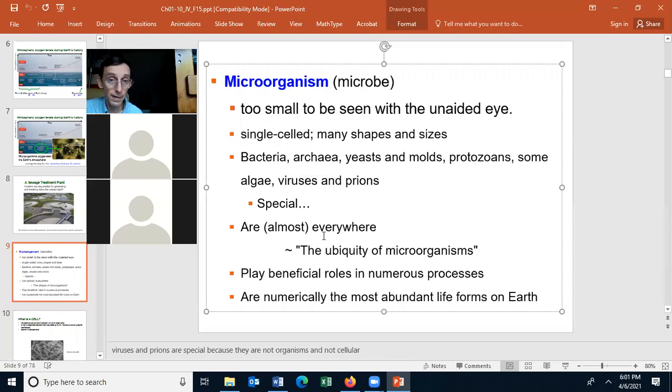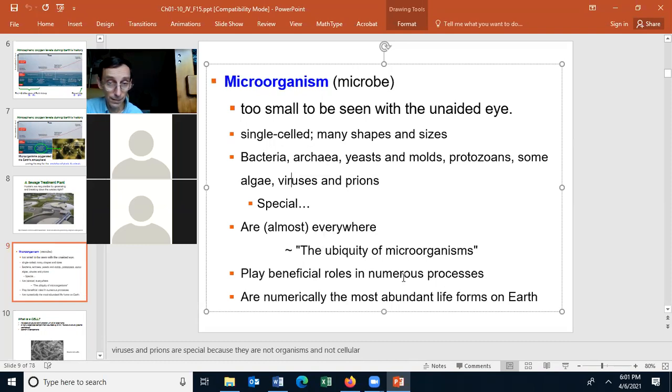Microorganisms are almost everywhere, and because of that, we say that they are ubiquitous, that there is the ubiquity of microorganisms. You can find them almost everywhere. They play beneficial roles in numerous processes. Like I mentioned, they are important in the nitrogen cycle. Nitrogen would not move from one part of the ecosystem to another part without the microbes.